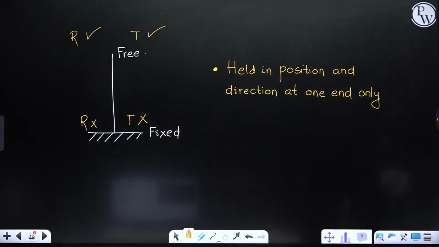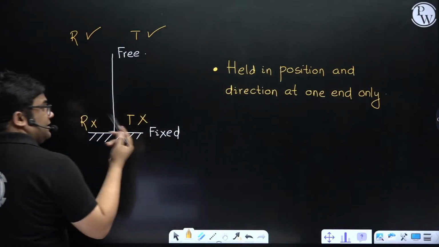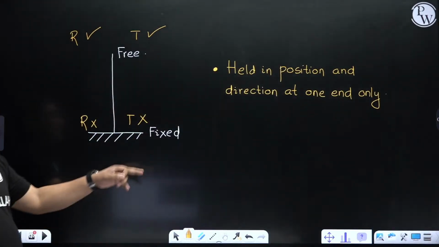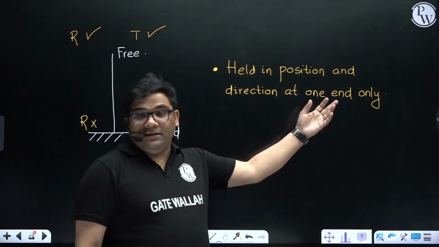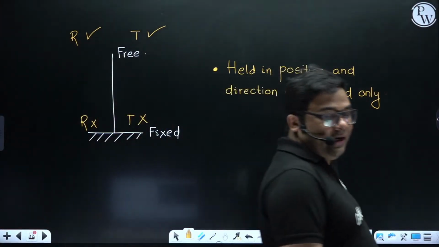Yes, in one end only you can see that it is held in position and direction. It means that in this end both rotation and translation are allowed. So when they write "at one end only," what is the meaning? At the other end it is not held in position, right?